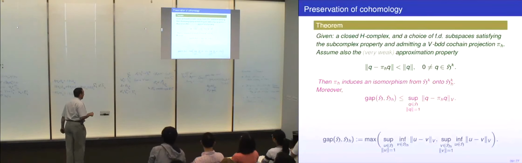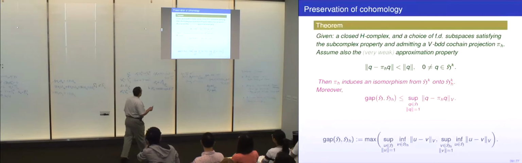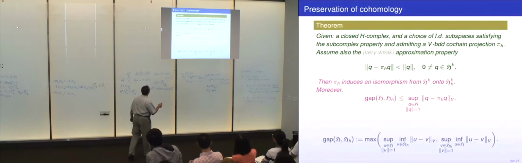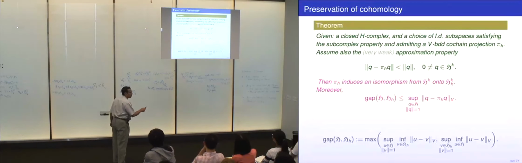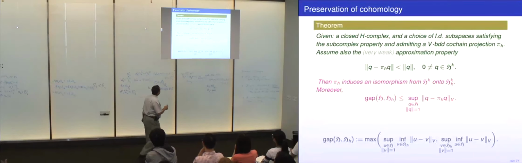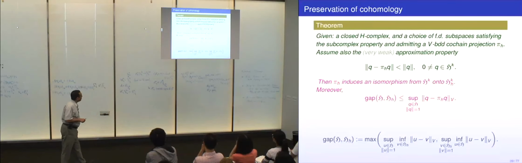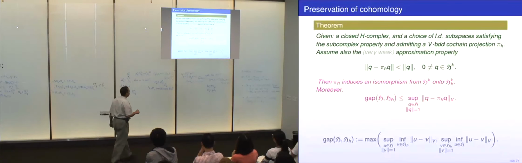I need a tiny bit of approximation. I need to know that on the finite dimensional space of harmonic functions, they're not orthogonal to our subspace, that there is something in the subspace that's a better approximation than 0. It's almost unimaginable that you could ever come up with a subspace where this wouldn't be true, but I do need it.